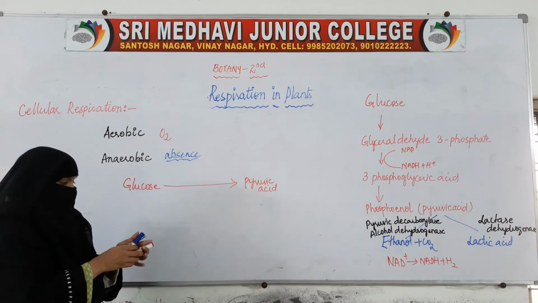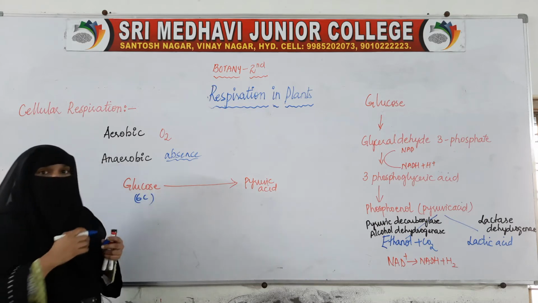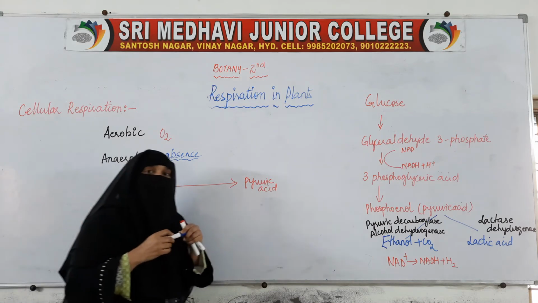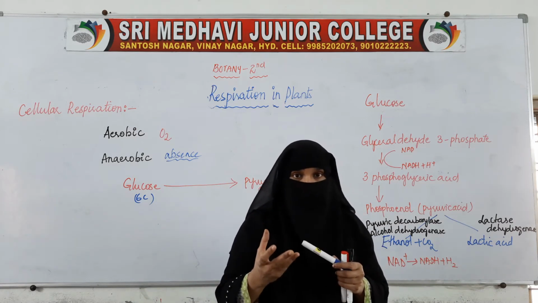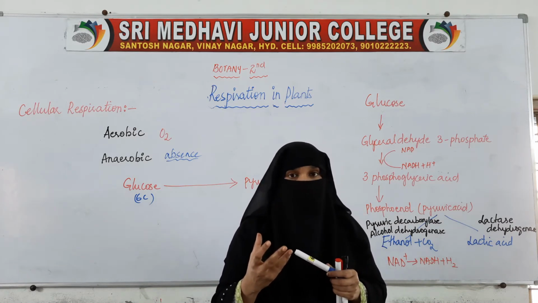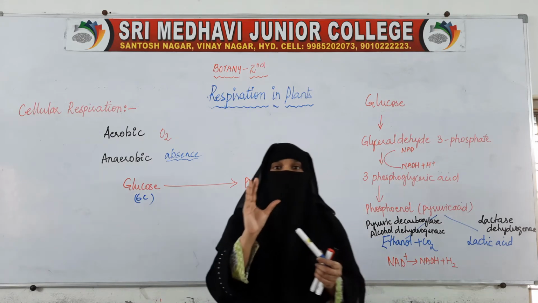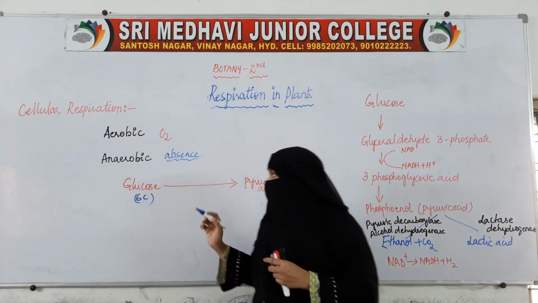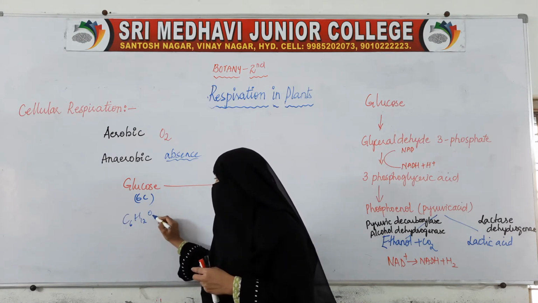Glucose is a 6-carbon compound, that is, the molecule of glucose will have 6 carbons, 12 hydrogens and 6 oxygens. The formula of glucose is C6H12O6.